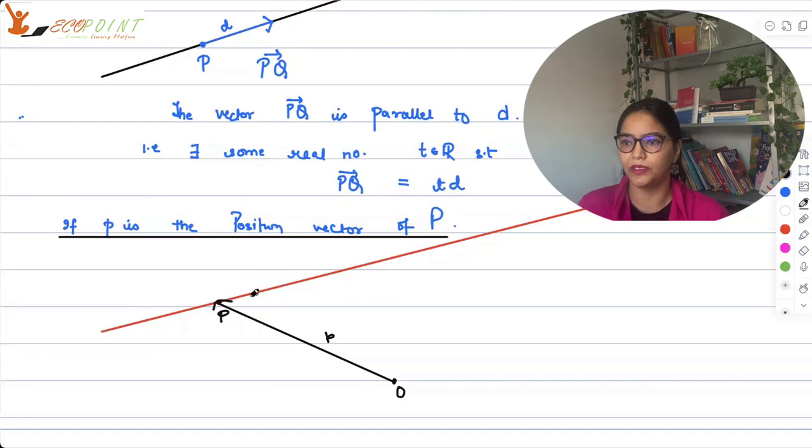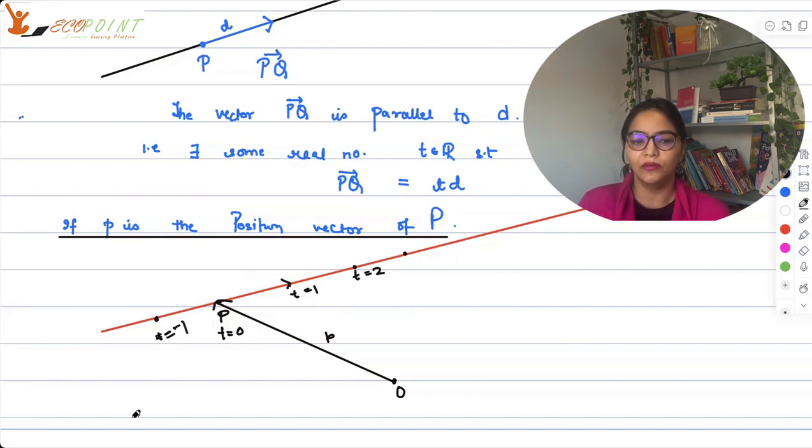T could be equal to 1, could be 2, and so on and so forth. With different T's, we will be on this line only.